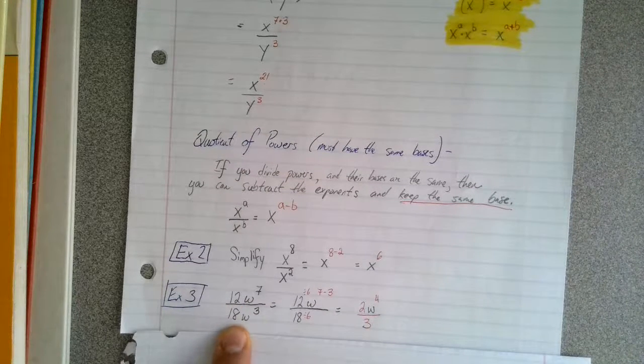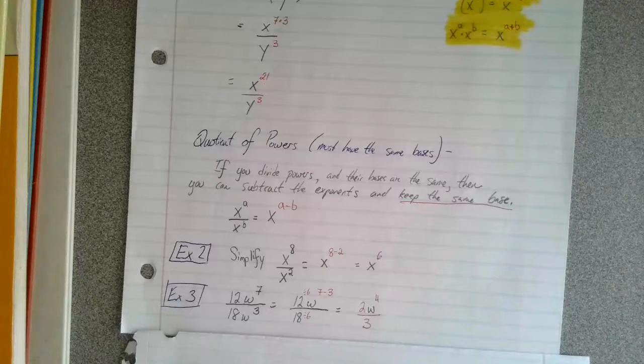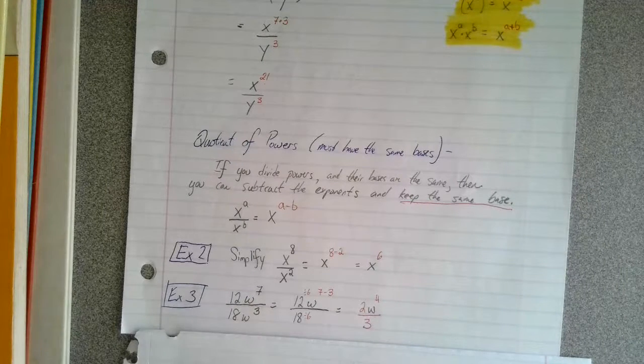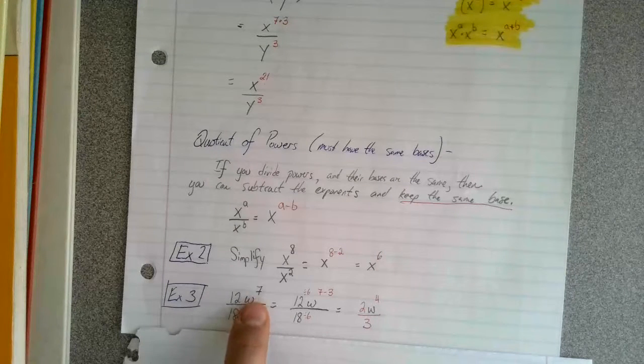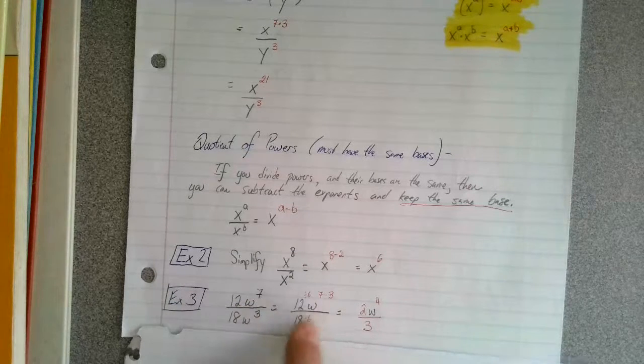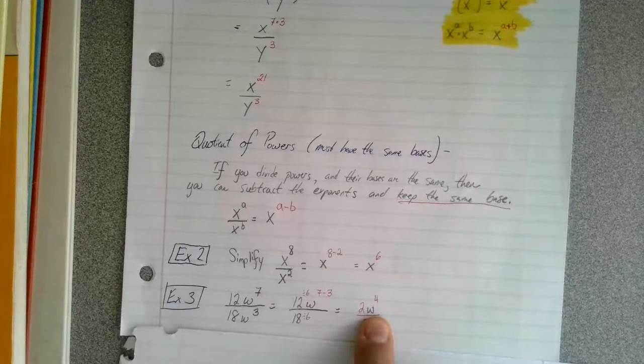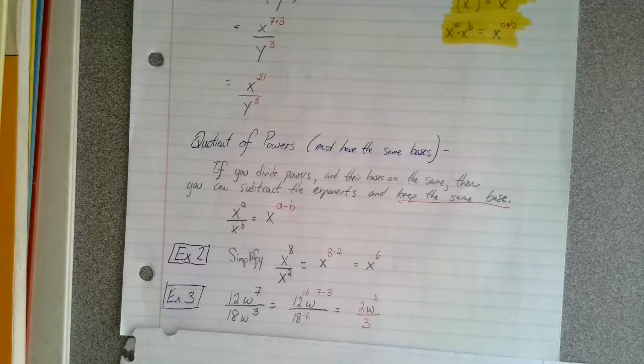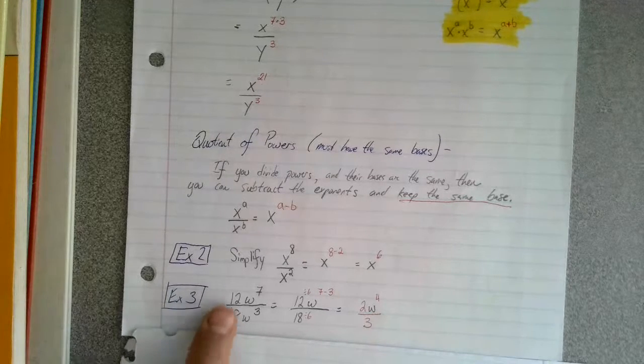The purpose of this problem is to re-emphasize the fact that we're dealing with fractions. And so the new piece of information is how we handle the w to the 7th over w to the 3rd. They have a common base. We're dividing these things, and so we're able to subtract the exponents, and that's why we get this w to the 4th here. But I just want to remind you folks that we're simplifying a fraction here.